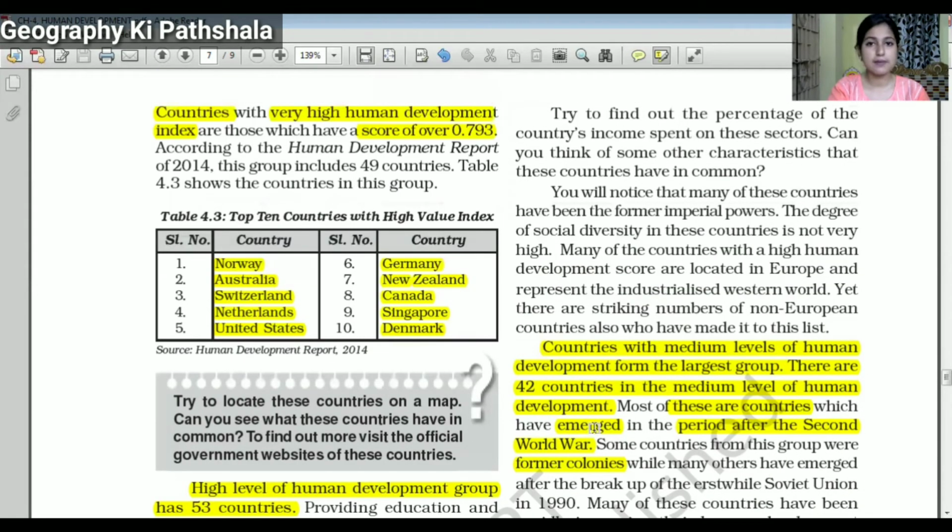Next, what comes is the countries with medium level of human development, and over here you will see that a larger number of countries fall under this group, and most of these countries basically emerged after the period of the Second World War, or you can see that they are former colonies.